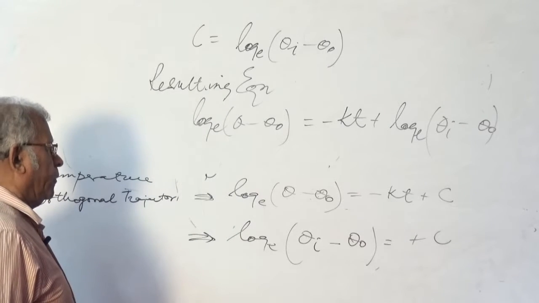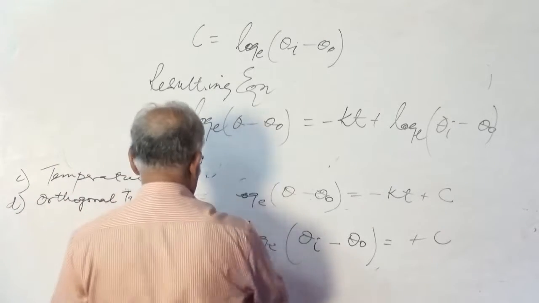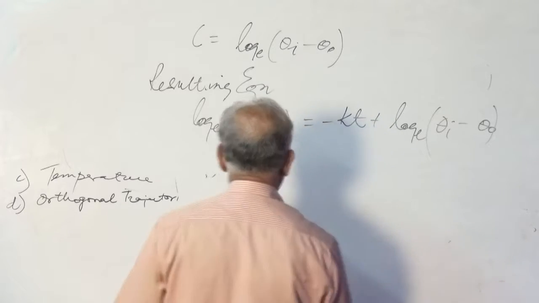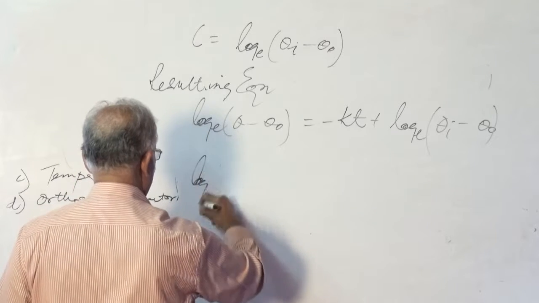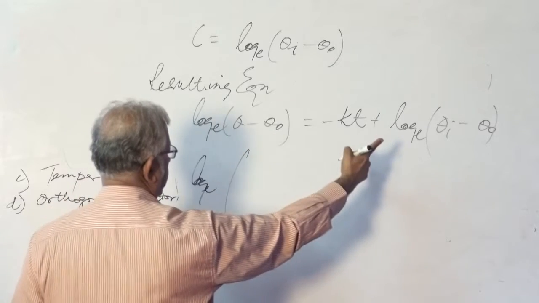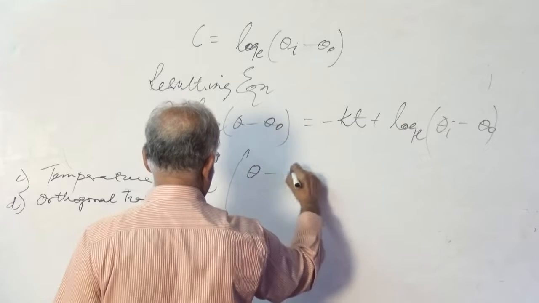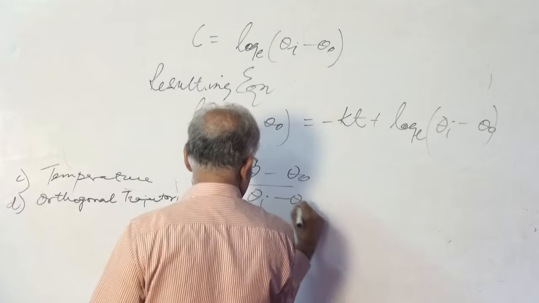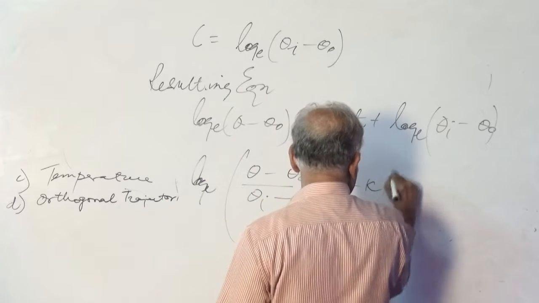So we can now transport that term to this side and write the following. Log base e, if there is a theta minus theta naught here and theta I minus theta naught here, we can put this as log e of theta minus theta naught over theta I minus theta naught is minus kt.